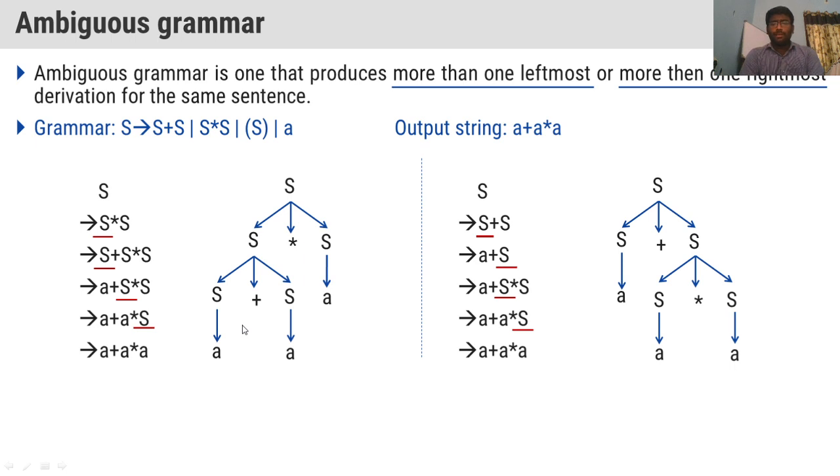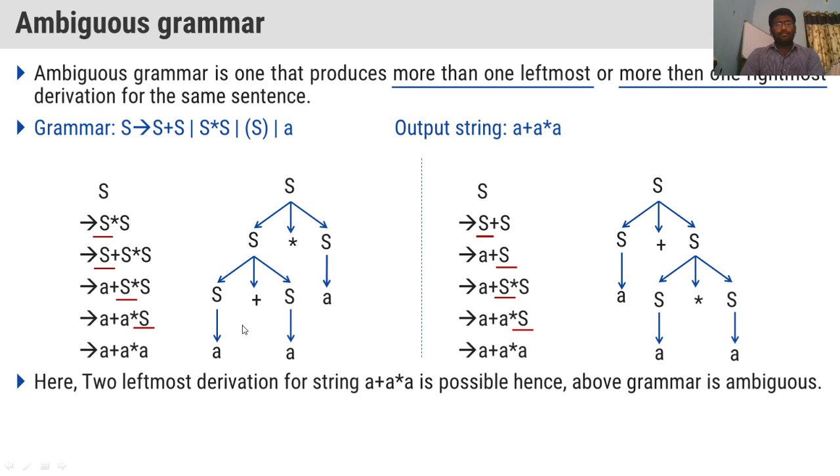So the parser gets confused about which production to substitute and which to leave. That is the reason why ambiguity arises. When more than one leftmost derivation or more than one rightmost derivation is possible, we can decide that the grammar is an ambiguous grammar. Here in this example, two leftmost derivations are possible. That's why the grammar is ambiguous, right?